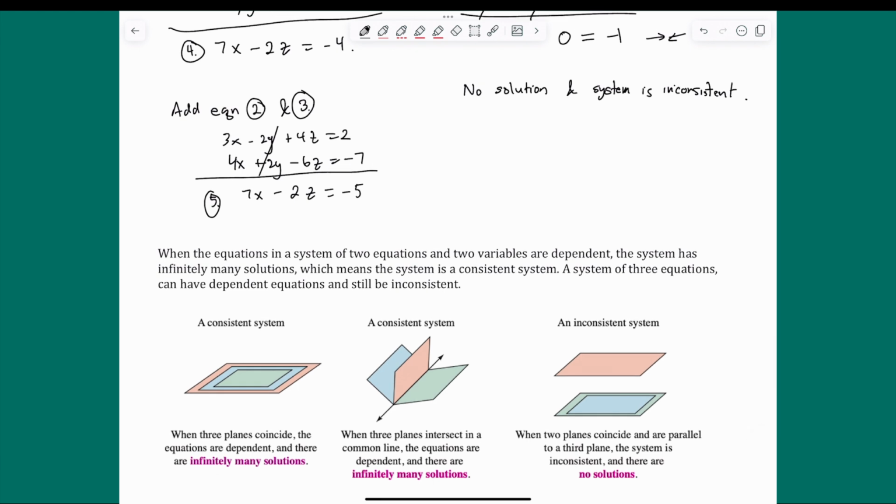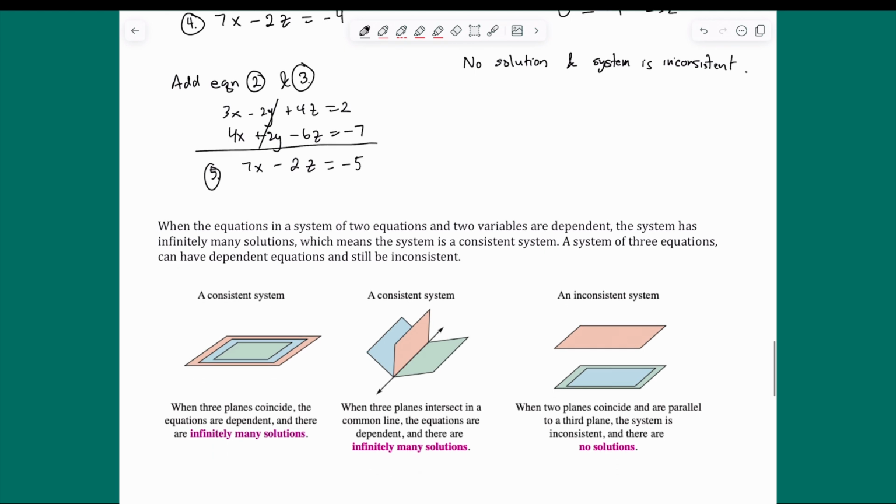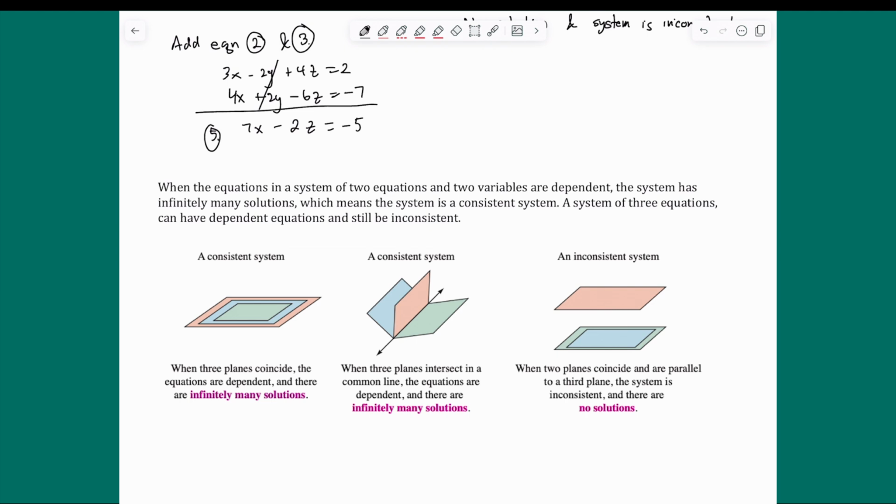When the equations in a system of 2 equations and 2 variables are dependent, the system has infinitely many solutions, which means the system is a consistent system. A system of 3 equations can have dependent equations and still be inconsistent. And so just to summarize that, when all planes coincide, the equations are dependent and there are infinitely many solutions.